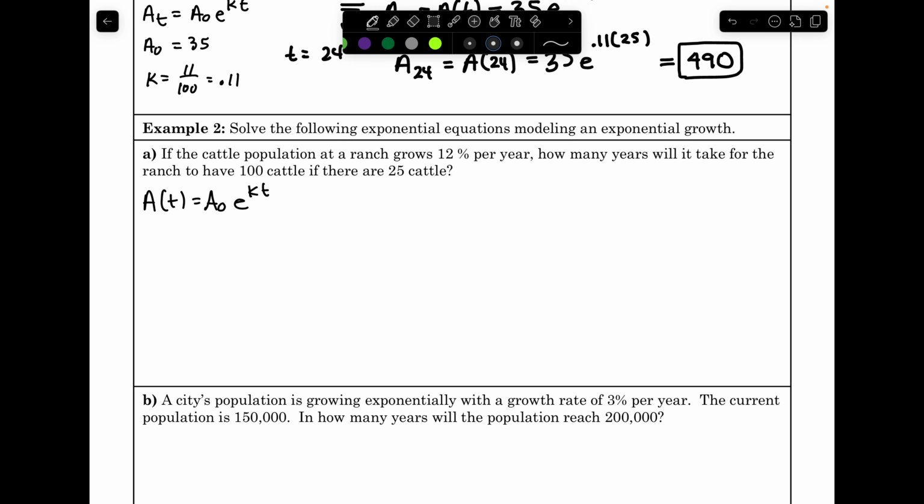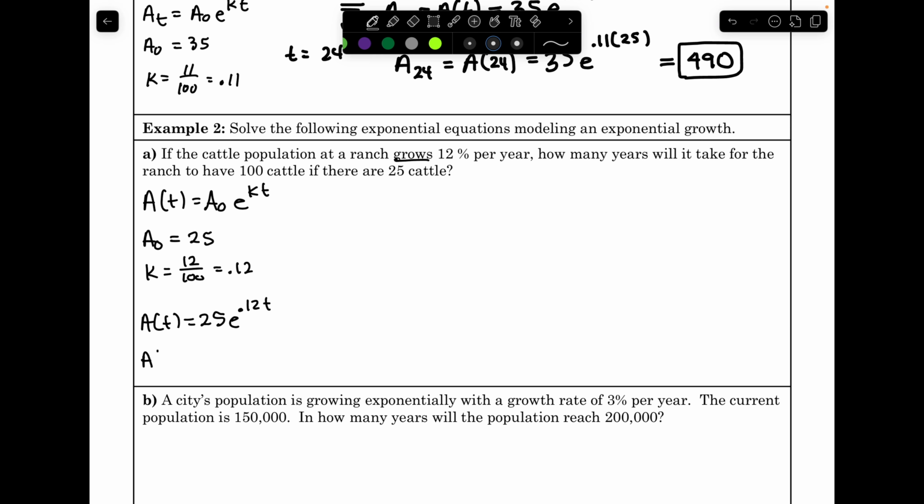The information that we're given is that right now, the initial number of cows is 25, and that the value of k is a positive 12% because it's growing, over 100, so 0.12. That means the model here is 25e to the 0.12t.